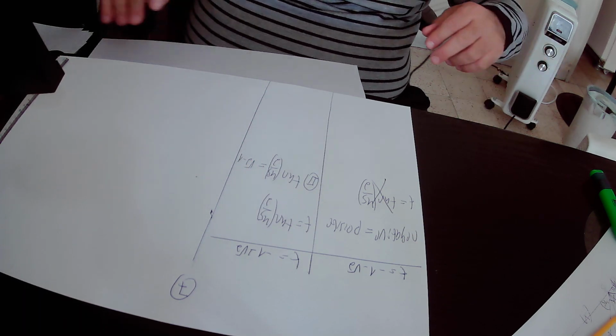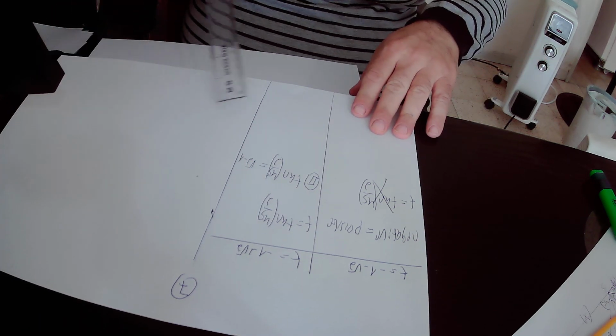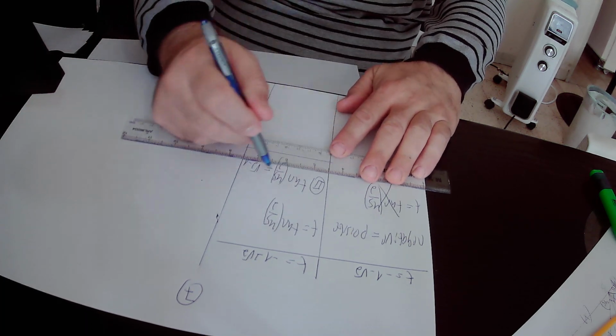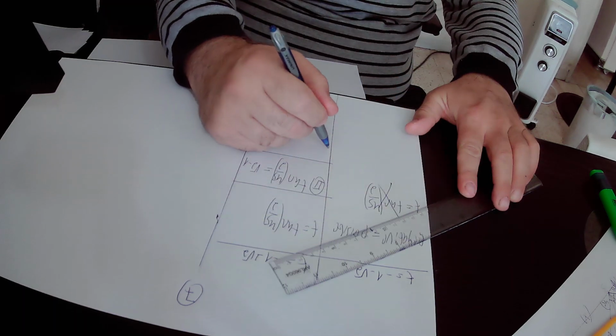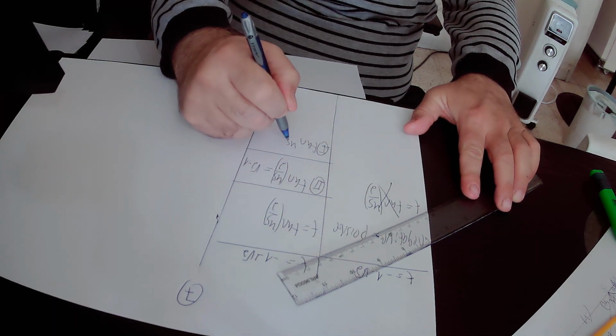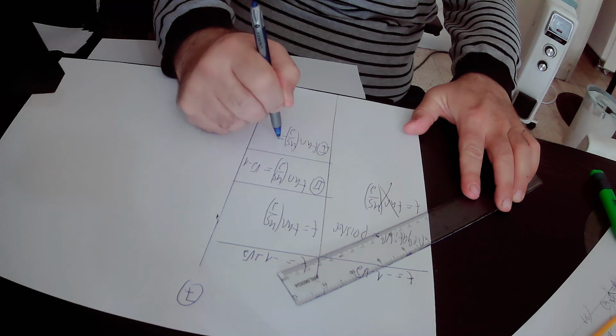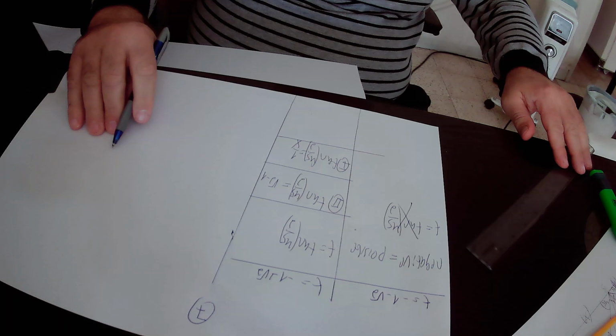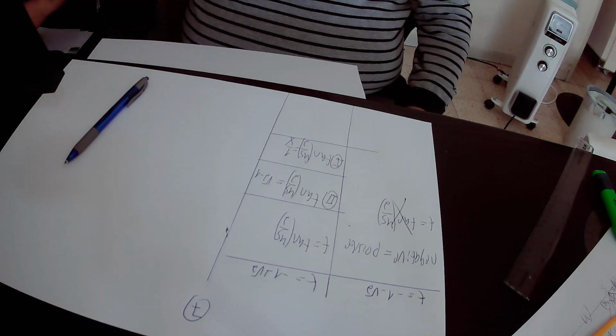So in conclusion, according to equation number 2, tangent 45 over 2 degrees equals the square root of 2 minus 1. While according to equation number 1, we have already found out that tangent 45 over 2 degrees equals 1 over x. I'll show you that we found it here.